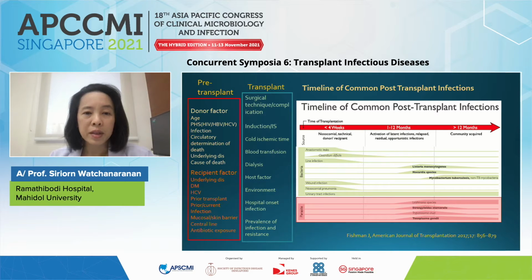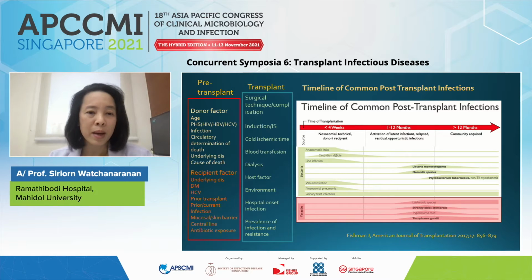This slide is very important to those who practice transplant infectious disease. We usually divide the phase of infection in 3: the early post-transplant, less than 1 month, then 1 to 12 months, and also more than 12 months. If one risks themselves for infection, they have to consider several things.